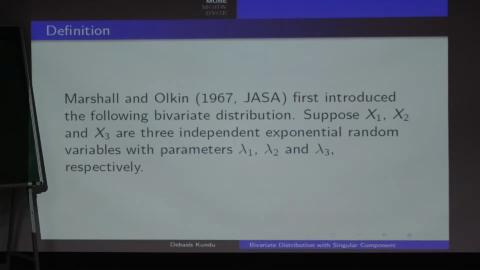And how did they start? They took three independent exponential random variables, X1, X2, X3, with parameters lambda 1, lambda 2, lambda 3. Let me be specific, because whenever we talk about the exponential, it can be the mean or 1 by mean.